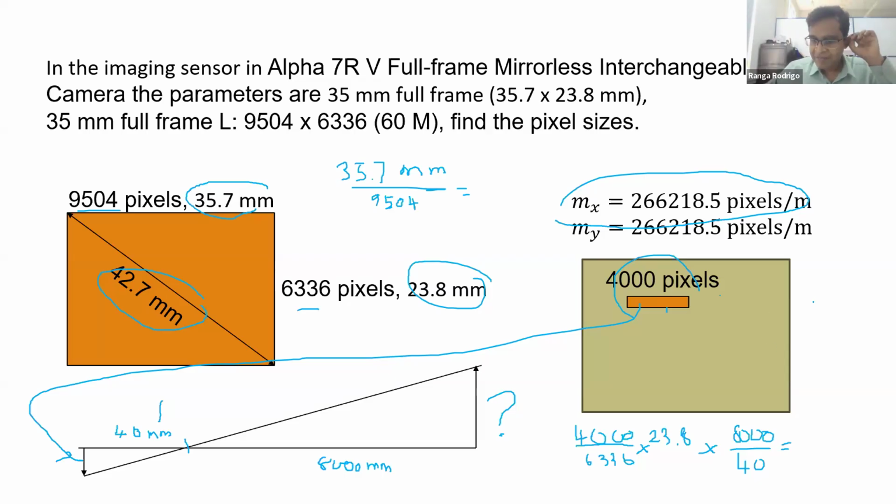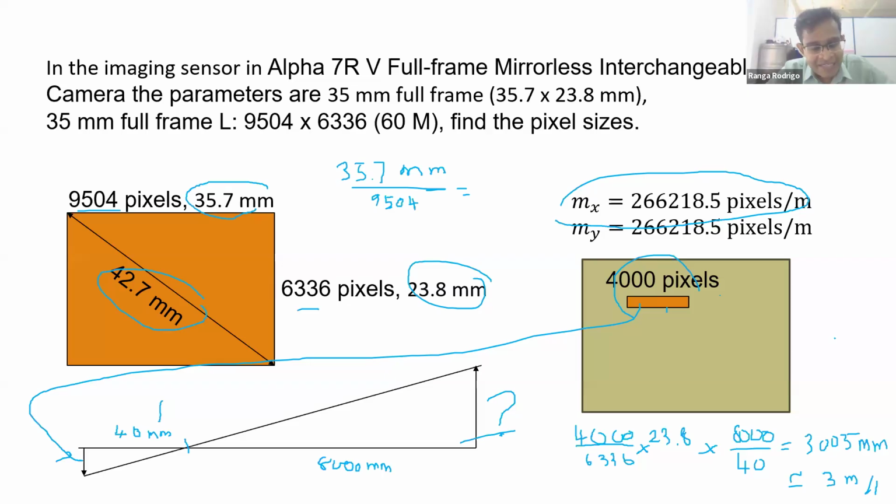That gives about 3,005 millimeters, which means approximately 3 meters. That's how you find the actual object size.